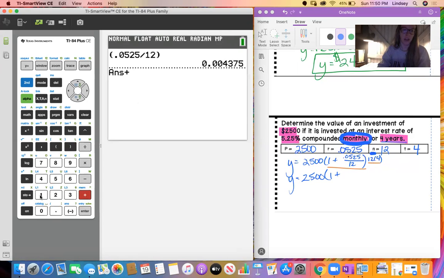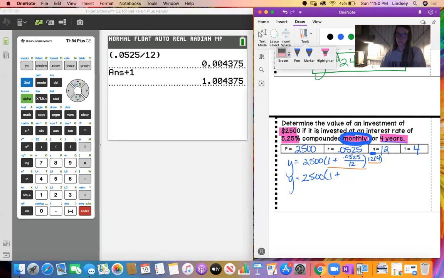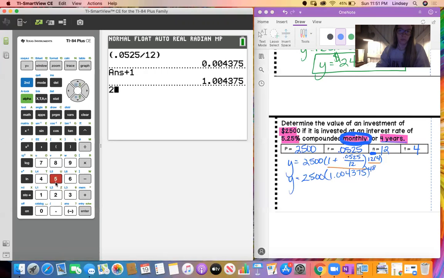So I'm just going to go ahead and add 1 to that. Okay, so that's going to be 1.004375, and then I have 12 times 4, which is 48. Okay, so I'm going to go ahead and multiply that all out.